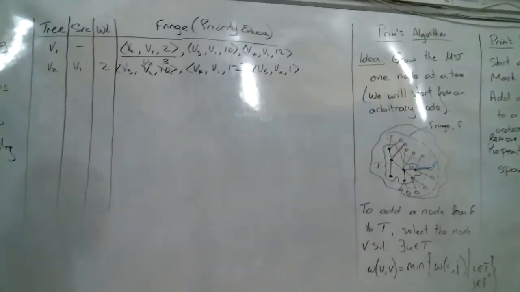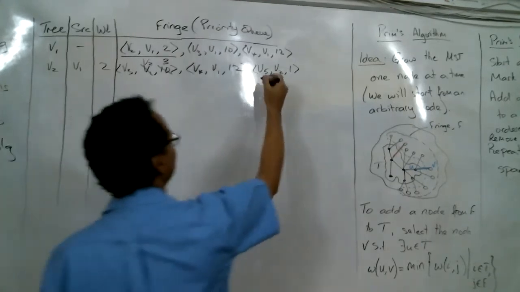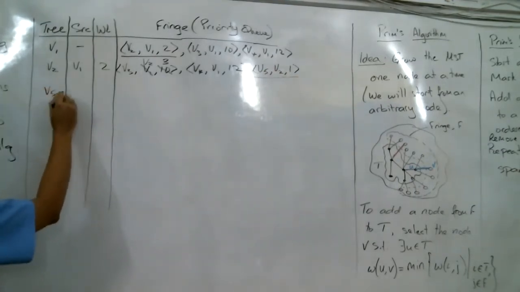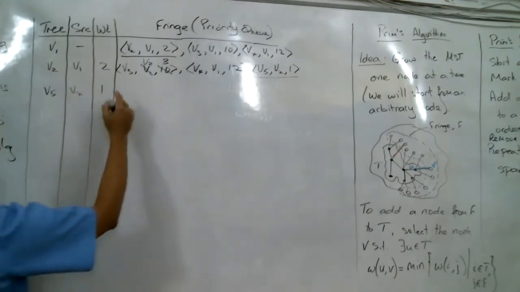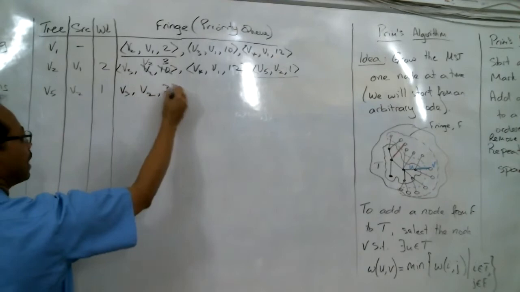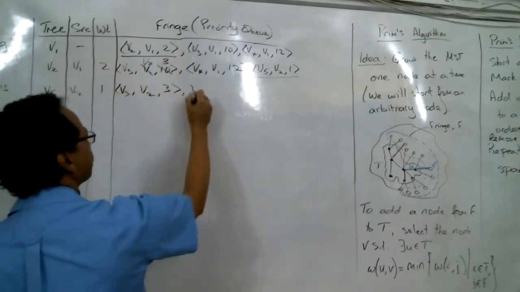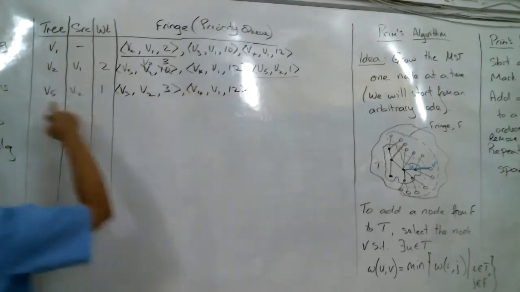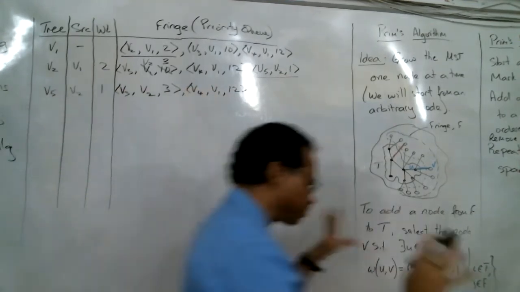So now again, remember this is a priority queue. I'm selecting my minimum. Which node do you think I go to next? V5, that's right, because the weight is 1. So here we put in V5, coming from V2, its weight was 1. Just write back what you currently have in the fringe, and then update by doing the exploration from V5.